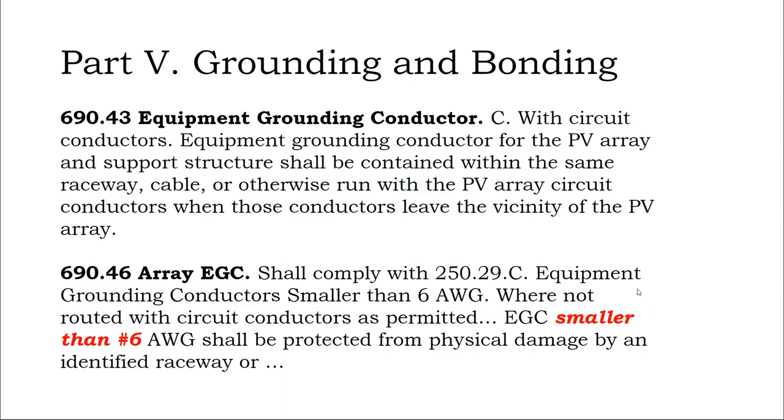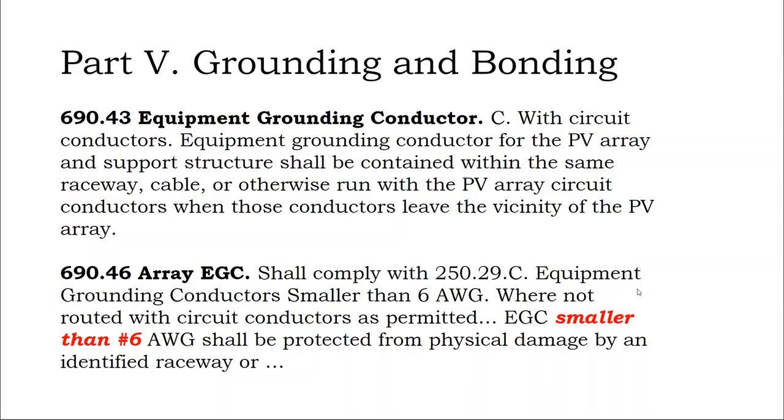So it says the equipment ground conductor is run with your solar circuit conductors when they're leaving the vicinity of the solar array, it should be compliant. It says when it's smaller than number 6, it needs to be protected from physical damage.